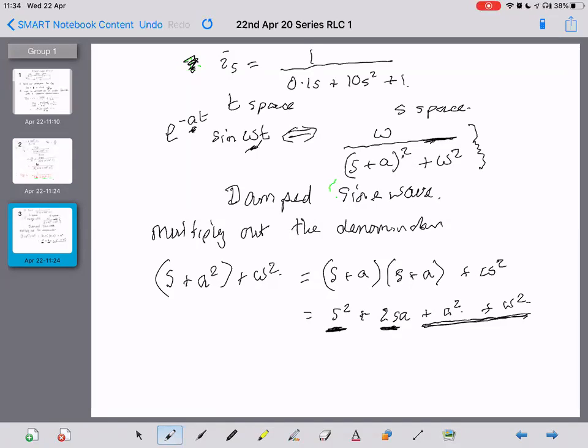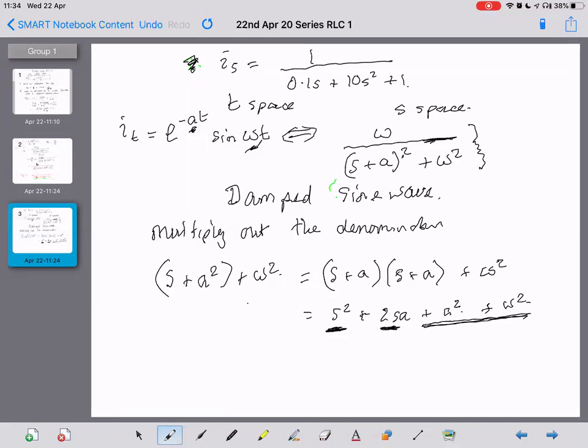The variable will be the i(t) that this is equal to, and the time t is the independent variable. So t is the independent variable, and i is the dependent variable. a and omega are constants.